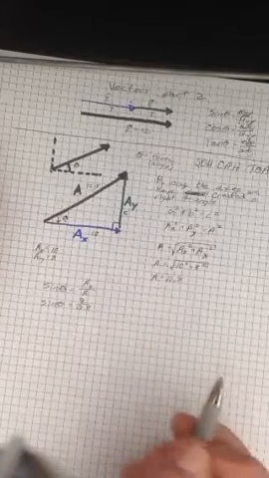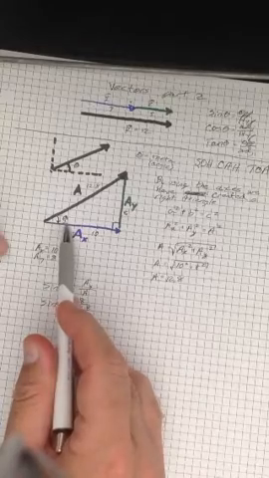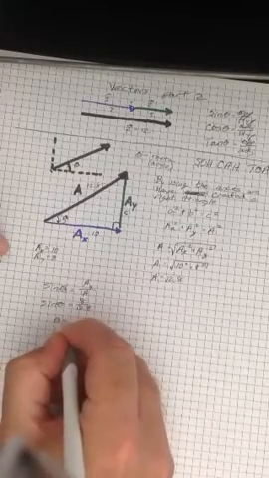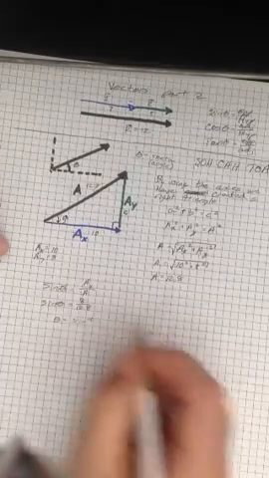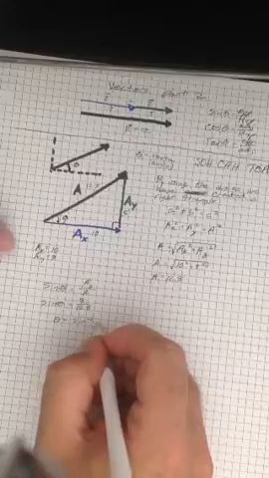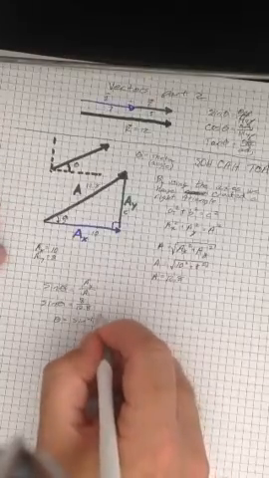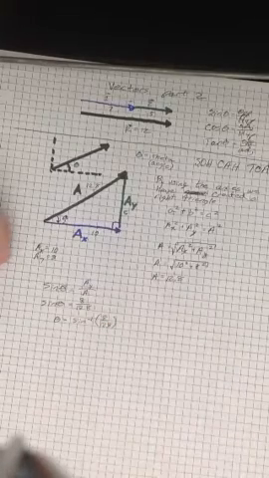That's sine theta, but that's not what I'm looking for. What I'm really looking for is this angle here. So theta is going to be sine inverse, sine to the -1, or arcsine, depending on the terminology that you want to use, of 8 divided by 12.8.